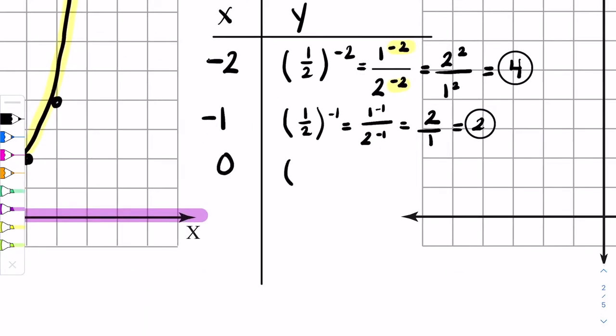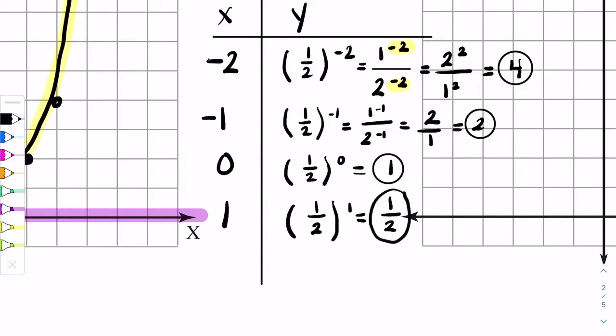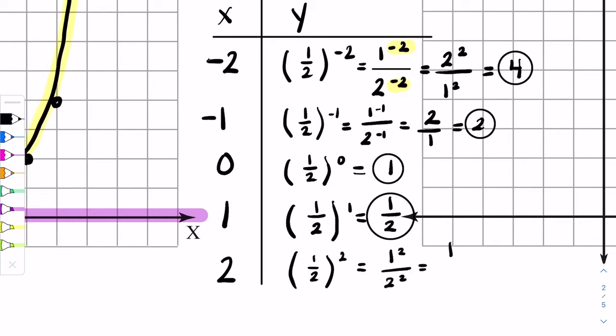Next is 0. Anything raised to the power of 0 is equal to 1. We have an exponent of 1: 1/2 raised to the power of 1 is equal to 1/2. And lastly, 2. 1/2 raised to the power of 2 is 1 squared over 2 squared, which is 1/4.